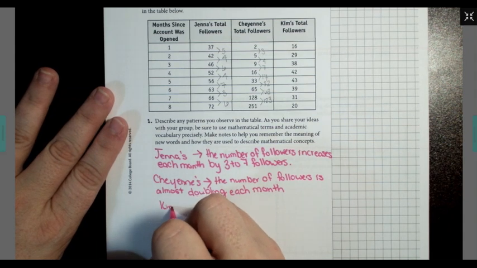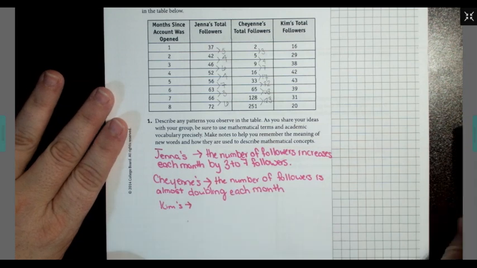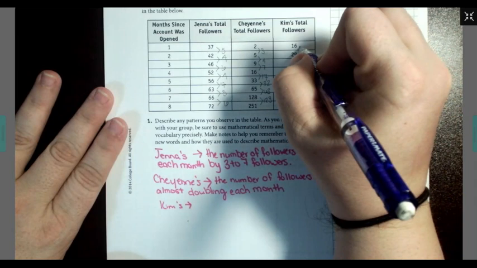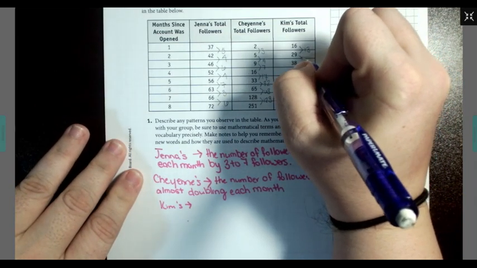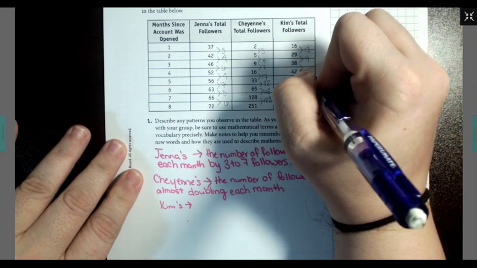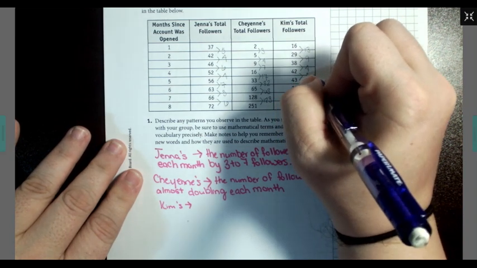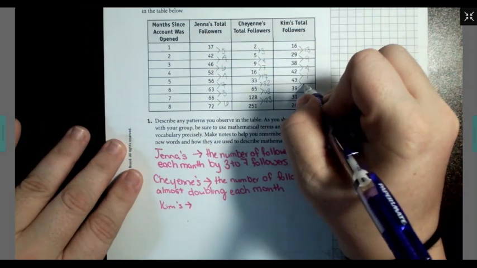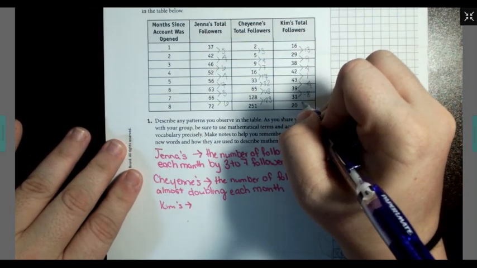Let's talk about Kim's followers. Now, Kim was the only one that actually increased in followers. So she went up 13. Here she went up 9. Here she went up 4 and 1. But now what does Kim do? Kim now starts to go back down.